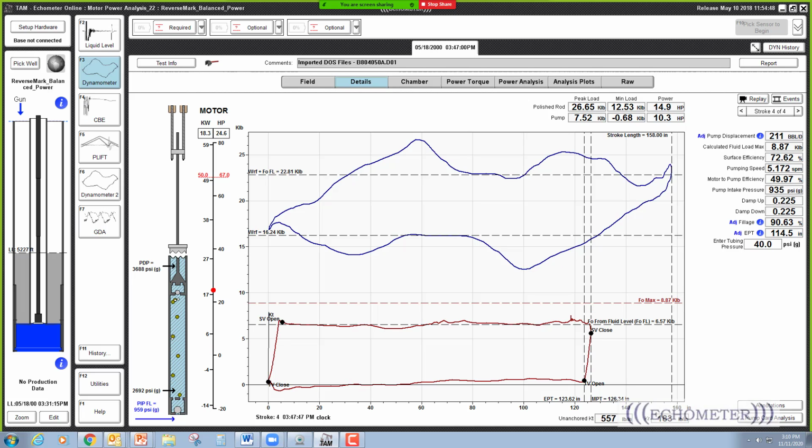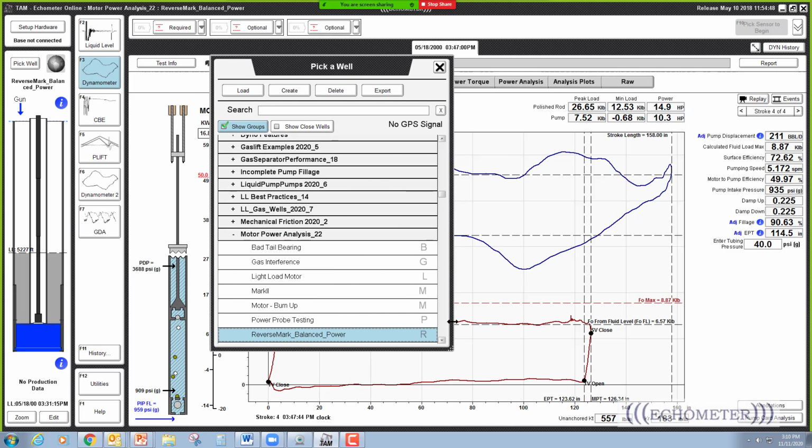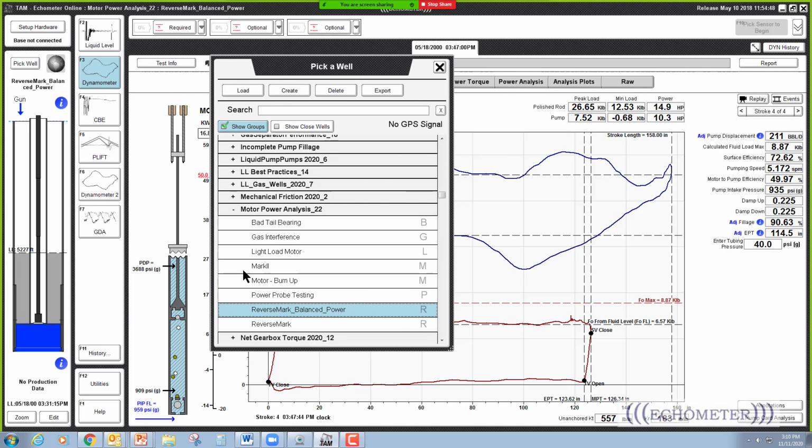All right, so here are the examples. This is a reverse mark that is balanced, and I need to find one that's not balanced, but let me just pull this one up and show you.